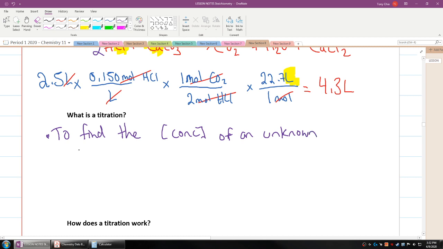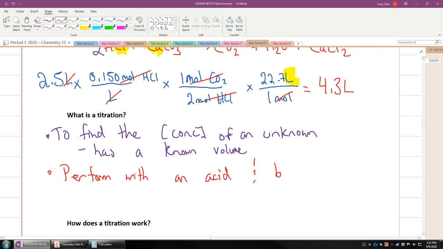But this substance that we have unknown has a known volume. It just doesn't have a known concentration. And usually we perform it with an acid and a base.